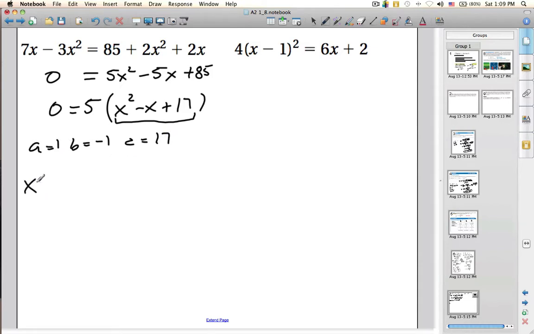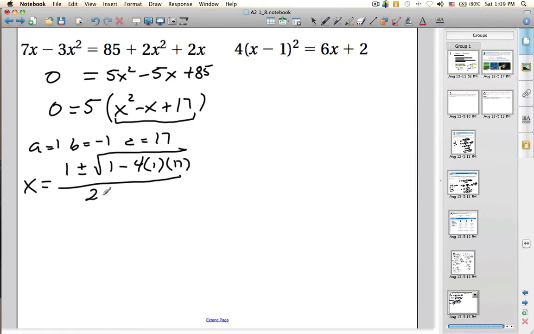So x will be equal to the opposite of b, so the opposite of -1 is 1, plus and minus the square root of -1 squared, which is 1, minus 4 times a times c, all over 2 times a. And as I simplify, I'll have 1 plus and minus the square root of 1 minus 4 times 17 is 1 minus 68, that's -67.